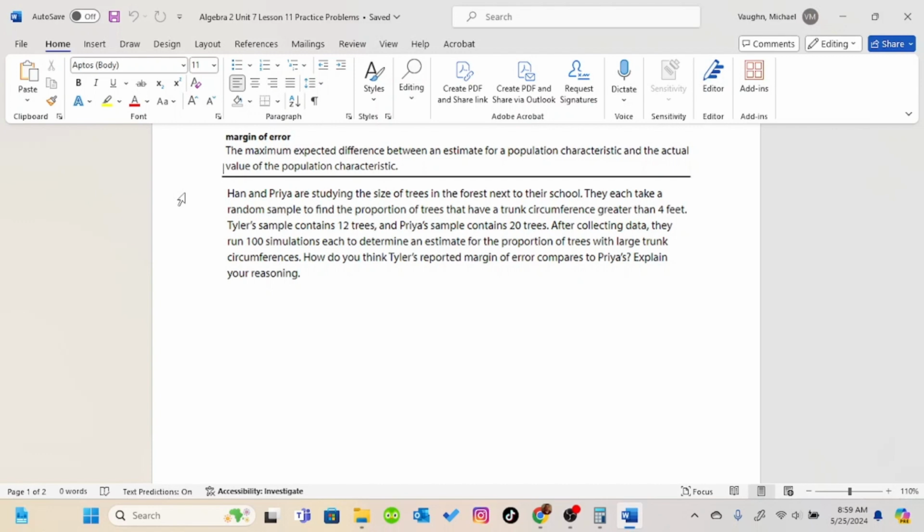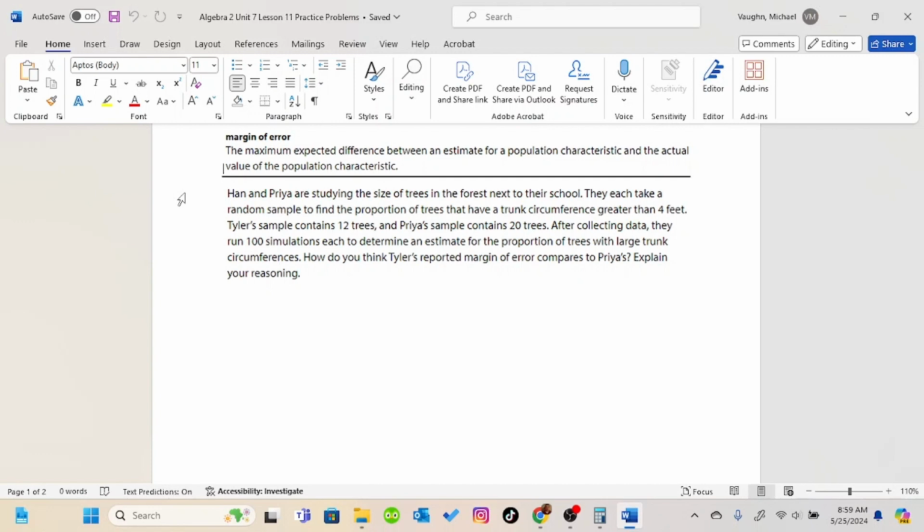Our first question says, Han and Priya are studying the size of trees in the forest next to their school. They each take a random sample to find the proportion of trees that have a trunk circumference greater than 4 feet.